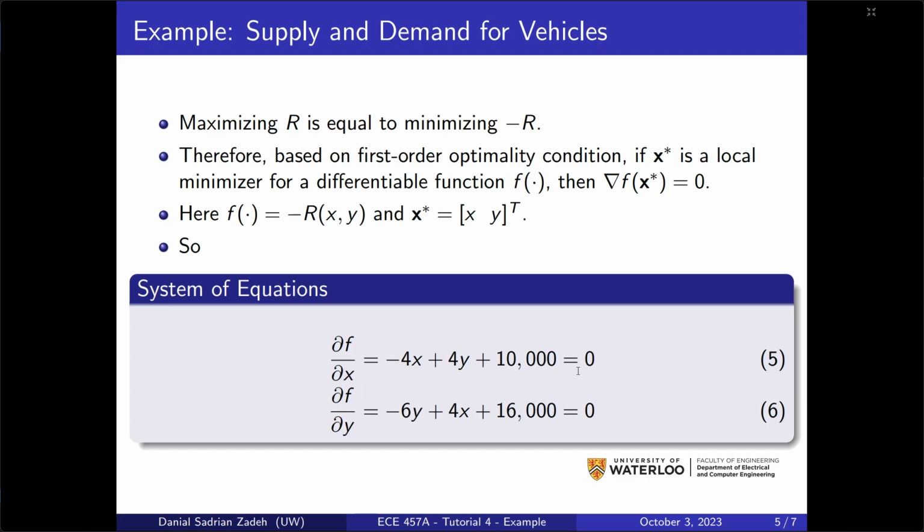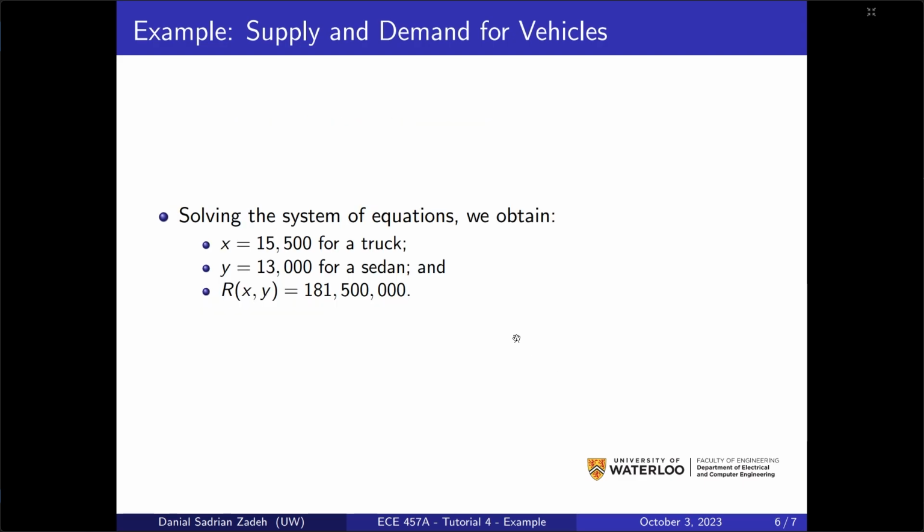Because we're setting them equal to 0, it doesn't matter if you consider the negative sign or not. The answer will be the same. After solving that system of equations, we obtained that X is $15,500 for a truck, and Y is $13,000 for a sedan, and that will be the revenue.